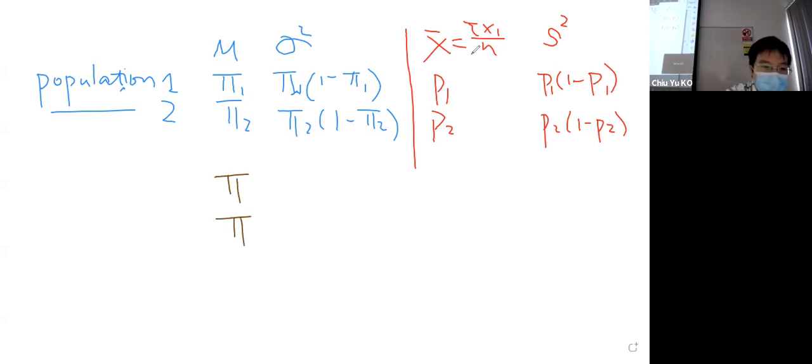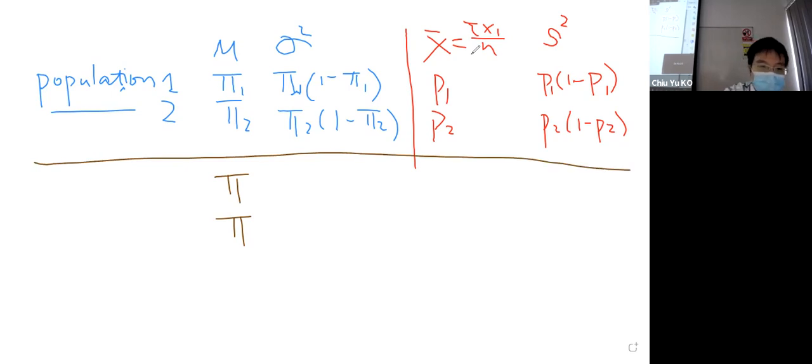Under the null, population 1 and population 2 are the same, okay? So how to estimate the proportion pi? Then it's very simple, okay?